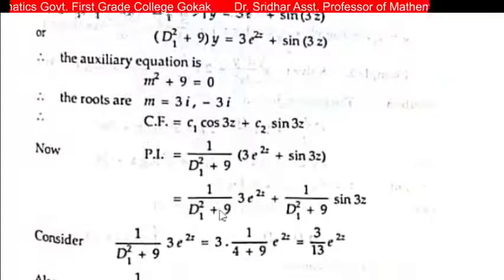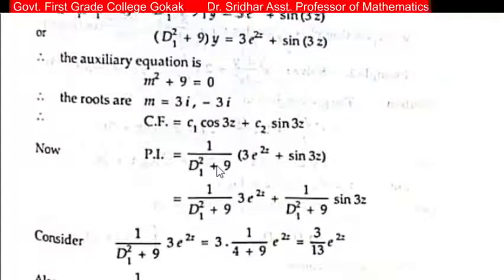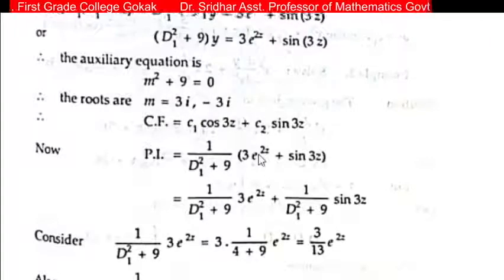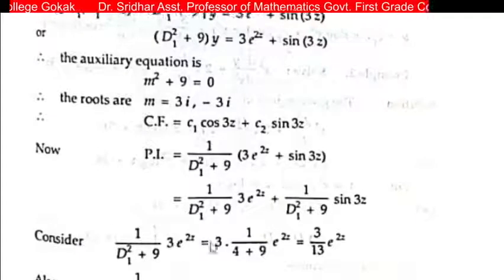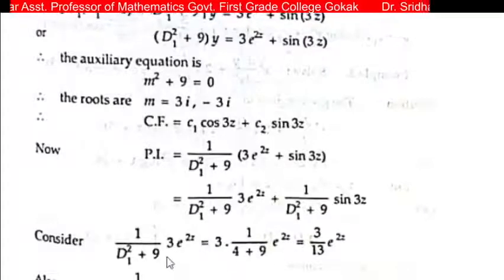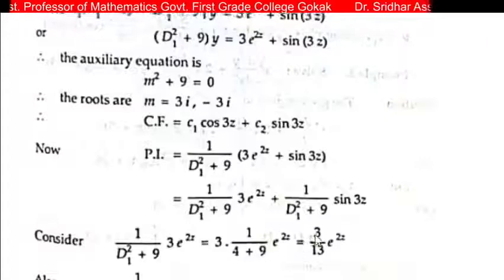Now this is an operator; operate this on 1, we get this equation. 3 is constant, we take that out. Here e raised to 2z is there, so replace D1 by 2: 2 into 2 is 4, 4 plus 9, which is equal to 3 divided by 13 into e raised to 2z. This is the particular integral of the first term.